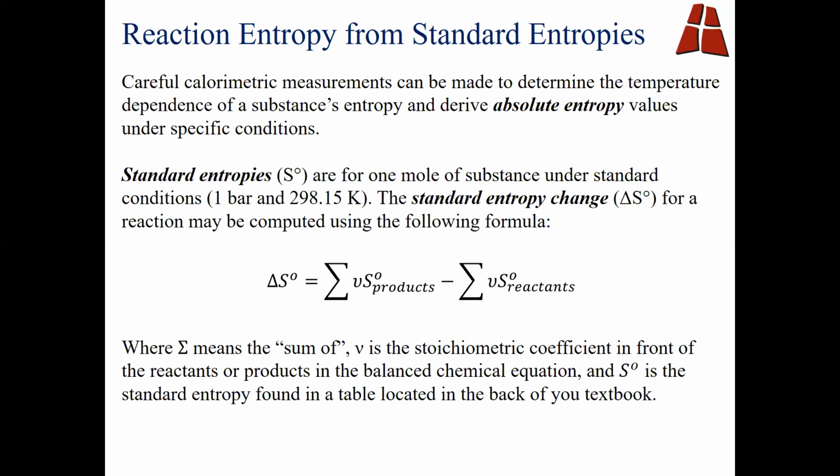The standard entropy change can also be calculated. And so I've defined all the terms here where delta S standard is equal to the sum of the number of moles of standard entropy values for the product subtracted by the sum of the number of moles for entropy of reactants.